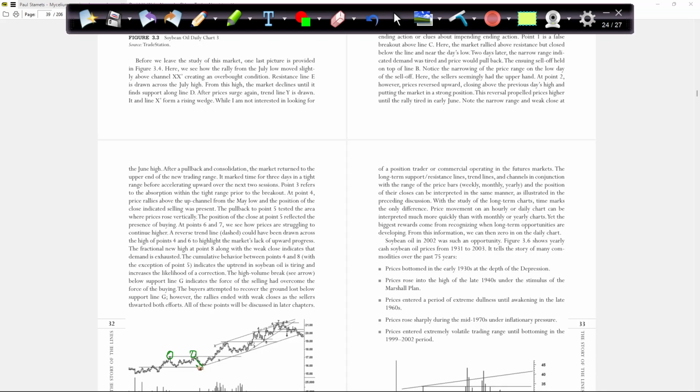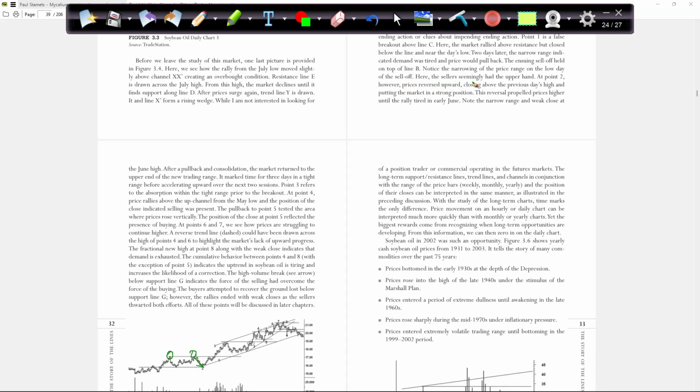Price decline. Then the ensuing sell-off held on top of line B. Notice the narrowing of the price range on the low day of the sell-off.